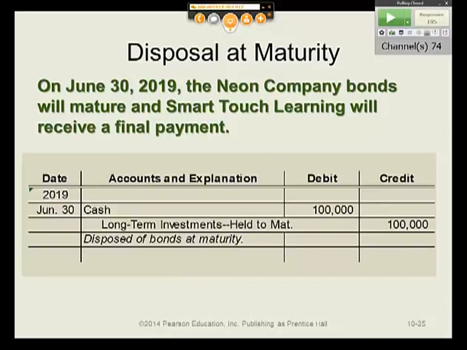Let's go back and think about this. Now it's 2019, and the bonds mature on June 30th. How much interest income would they record for that half year?